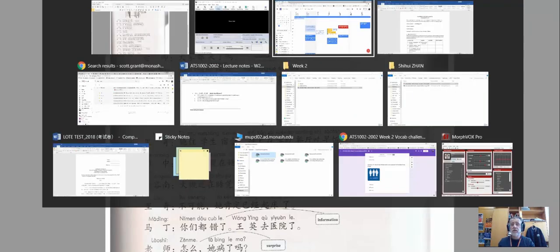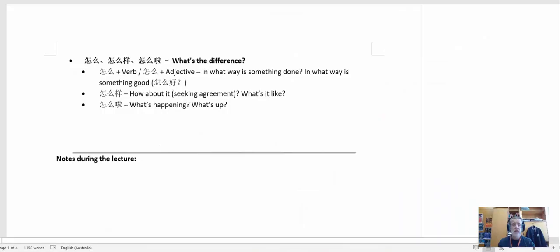And I'll just flick over to some notes that I've made here on the differences between 怎么样 and 怎么了. So it's very common to see 怎么 plus a verb, or 怎么 plus an adjective.